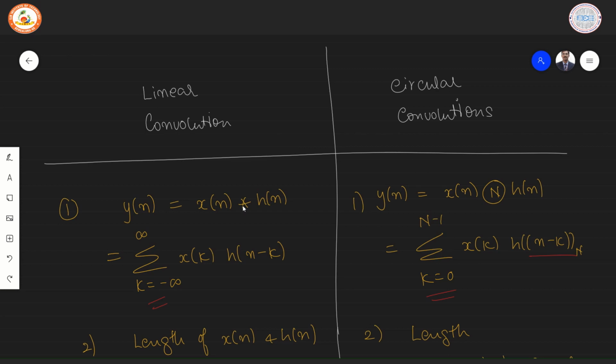To distinguish linear convolution from circular convolution, the symbol used for circular convolution is usually the star enclosed in a circle, or the N which is inside the circle. As we are familiar with the formula, the steps in circular convolution, namely reflection and shifting, is done circularly.